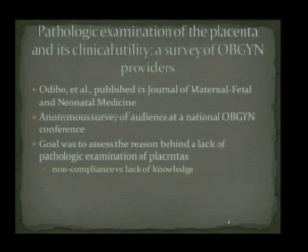So the survey asked a bunch of demographic questions, such as your level of training, number of years in practice, the nature of the program, where they were located, and if they had an obstetric pathologist available at their hospital. There were some more questions that gauged the awareness of the guidelines, what indications they sent placentas for, and how they used the path reports, and if they thought the path reports were useful.